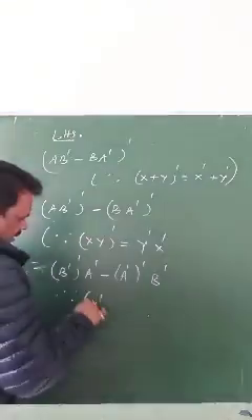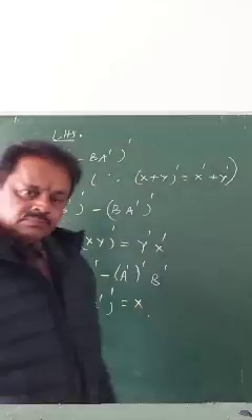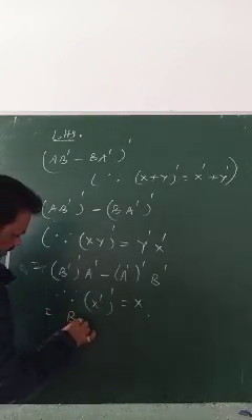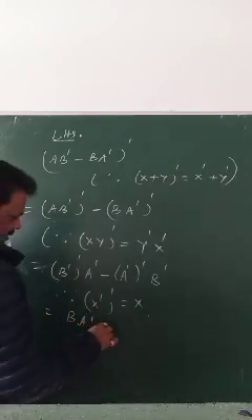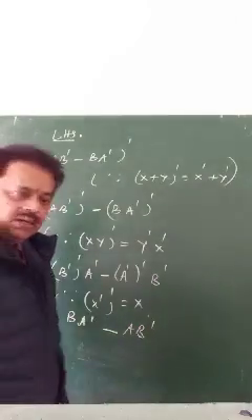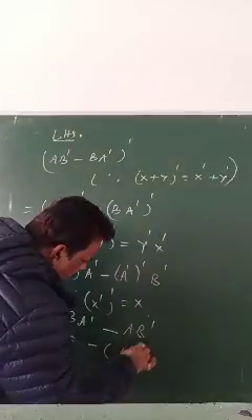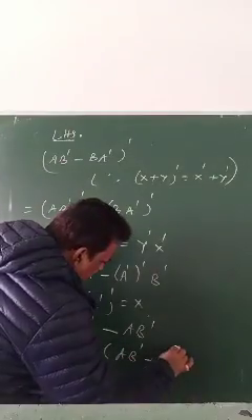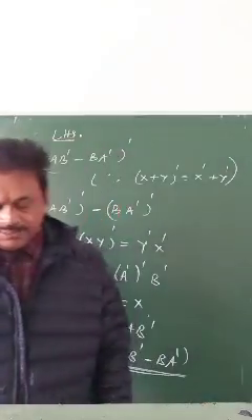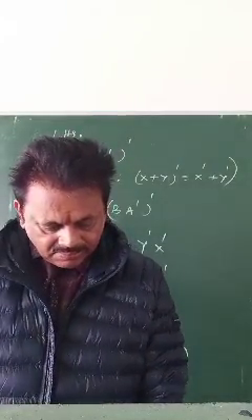Since X transpose transpose is X, this will be BA transpose minus AB transpose. Now if you take minus common, that will be minus of AB transpose minus BA transpose. This is what you want to prove. Look, I have written there. So this is all about it.